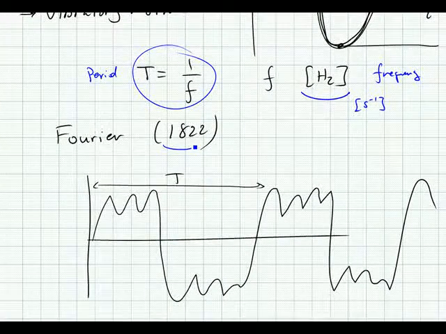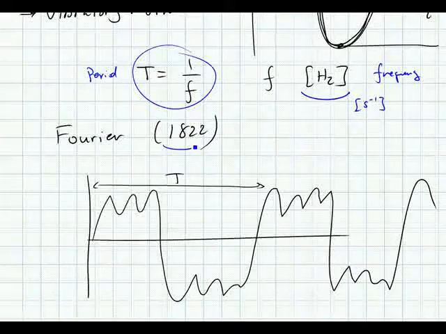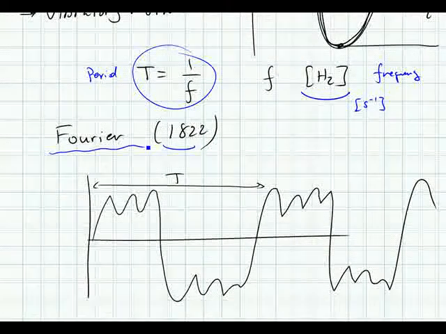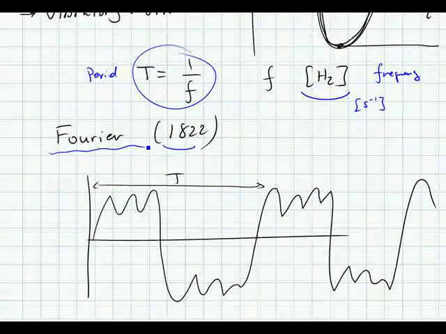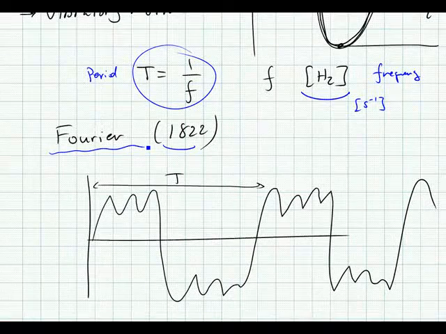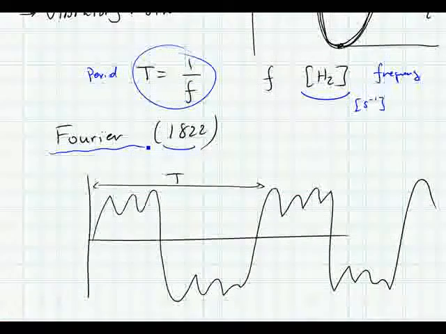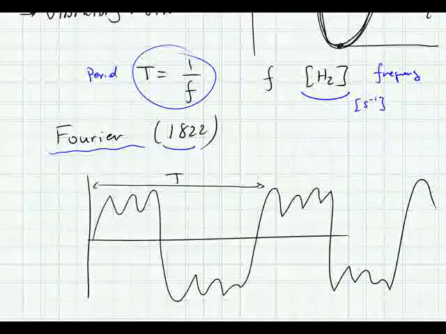In 1822, a French mathematician and physicist by the name of Joseph Fourier, who happened to be one of Napoleon's army engineers, proposed the following theorem.